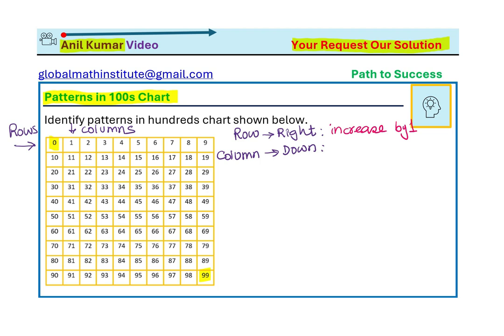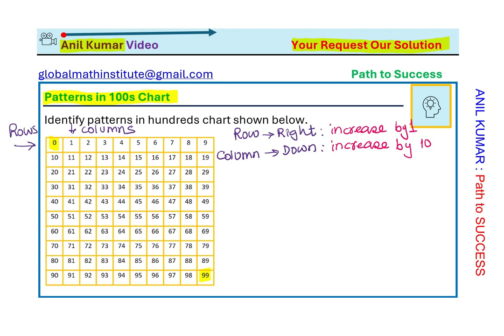See, 0 becomes 10, 10 becomes 20, 20 to 30. So in that case, it increases by 10. So that is a major difference. Moving down, it is by tens, and moving on the right, it is by ones. You can also say when you move left, it decreases, and if you move up, it decreases by that same amount. So we'll fix to this for now.